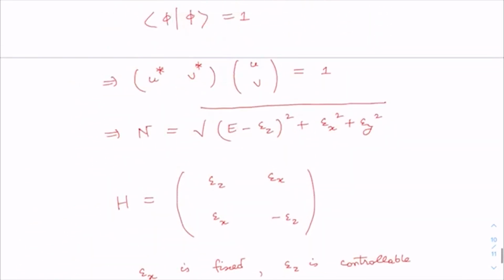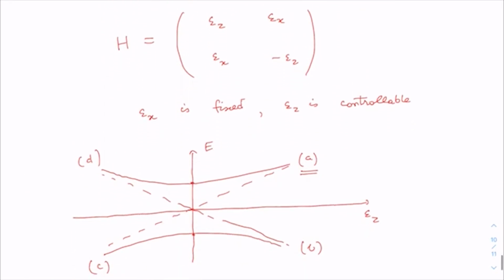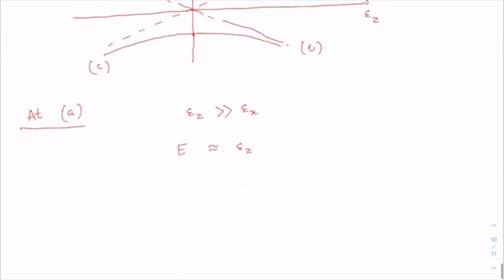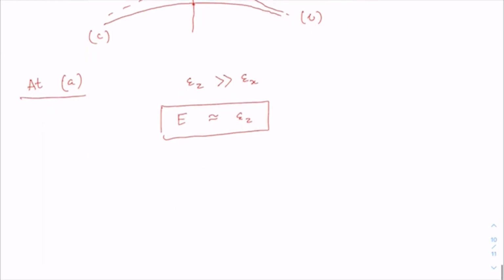You can see from the eigenvalue equation, the eigenvalue E is equal to the square root of epsilon z square plus epsilon x square. Now epsilon z is much larger than epsilon x, so in the asymptotic limit I can consider capital E to be equal to epsilon z.